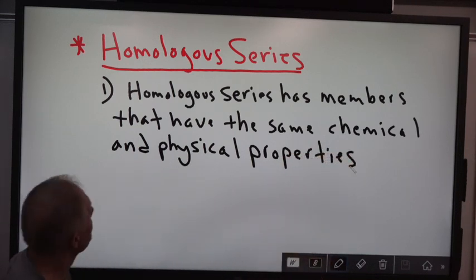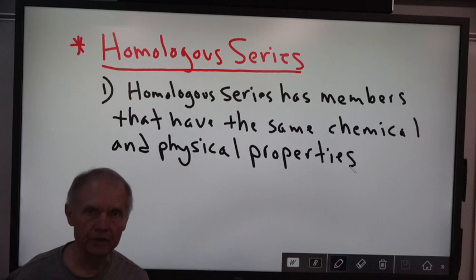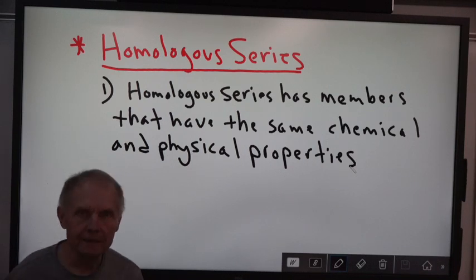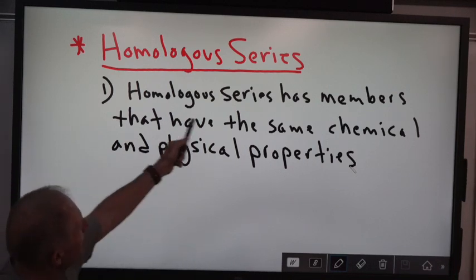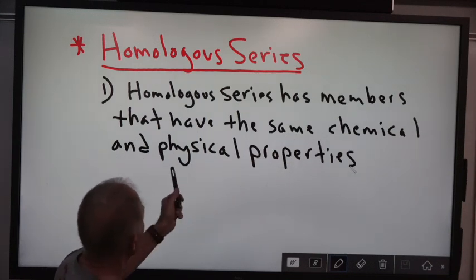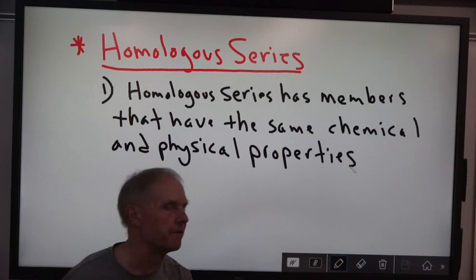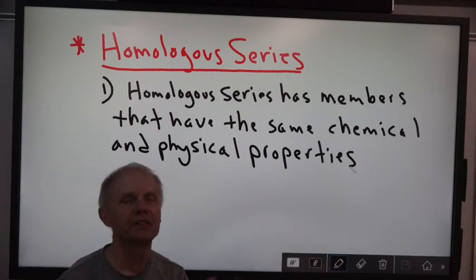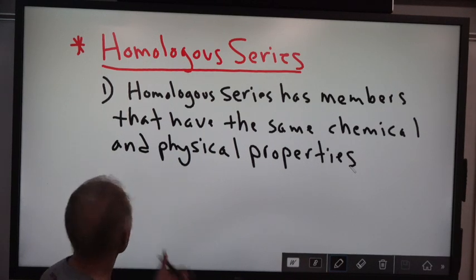Okay, so the first thing about a homologous series, they're all related. So, homologous series has members that have all the same chemical and physical properties, very similar to each other. That's a homologous series. All right, that's the first thing.